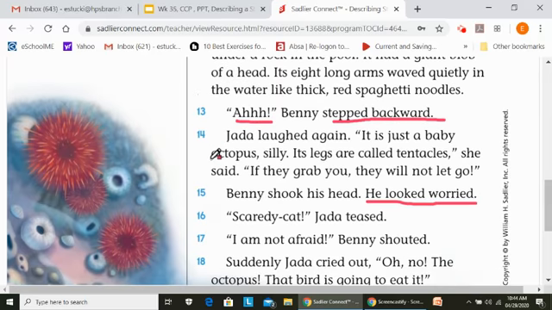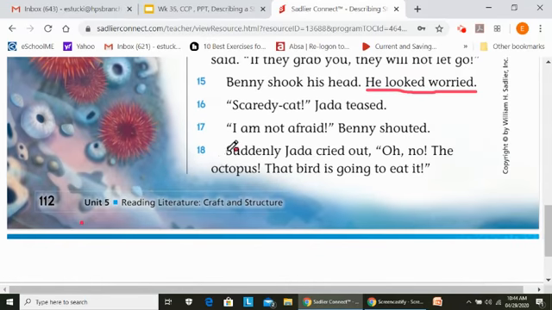And then if we move down, she calls him scaredy cat, meaning you are a scared little guy. You're like a scary cat. She teased. Okay. So these are all things that she's doing just to make matters worse, really. Right. So let's move on.